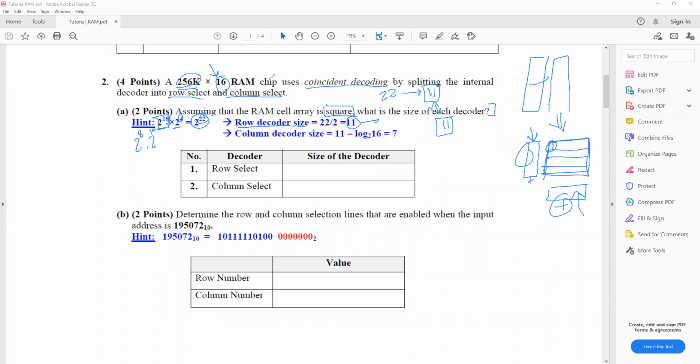So I will subtract the number of bits from log 2 of 16, so I can only address 16 bits at a time. Therefore the column decoder size is going to be the remaining 11 bits minus the number of bits I need to address the bits per word. I'll take it out. So that's 11 minus 4, 11 minus 4, this will equal 7.